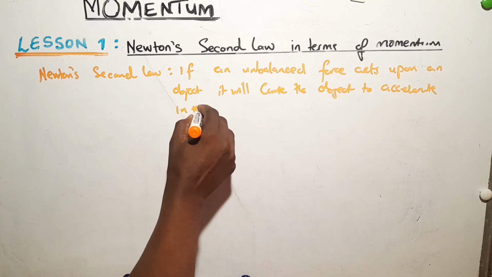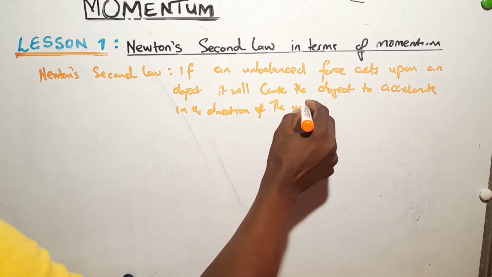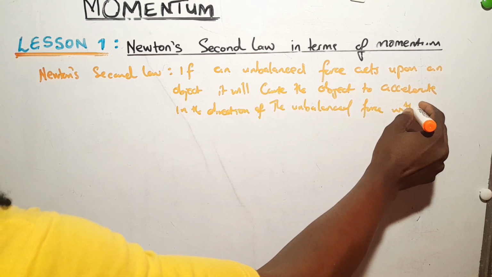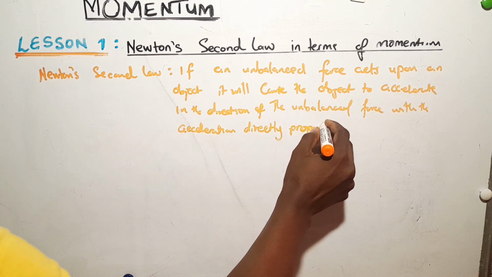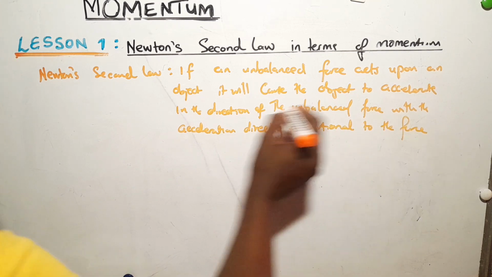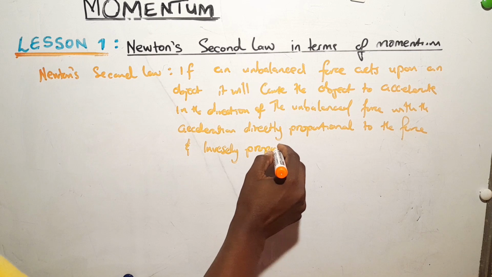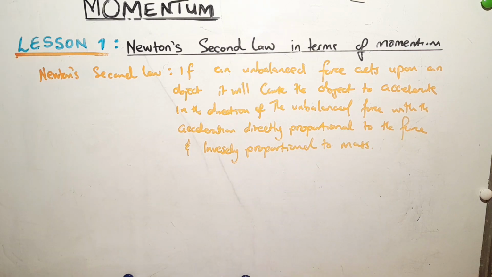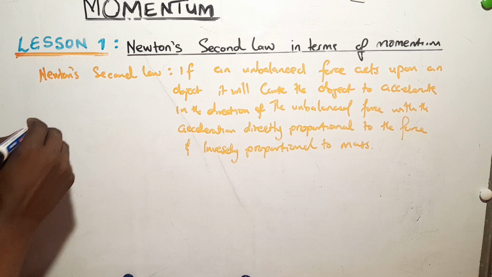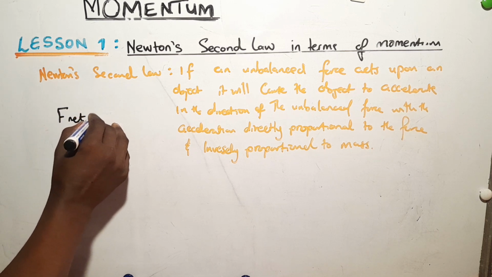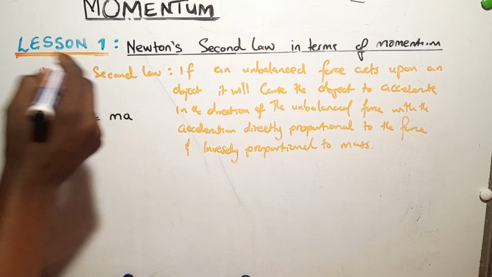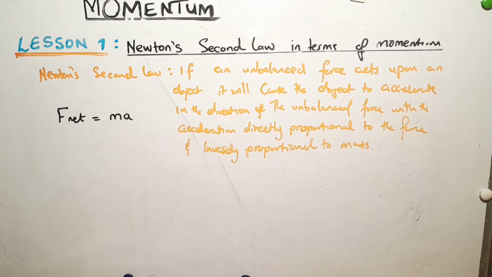This object will accelerate in the direction of the unbalanced force, with the acceleration directly proportional to the force and inversely proportional to mass. Mathematically, we represented this by saying F net is equal to mass times acceleration.